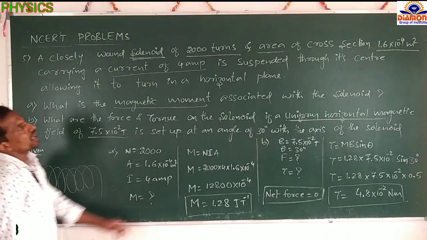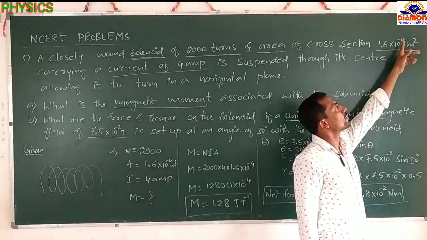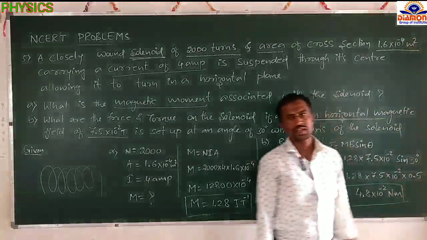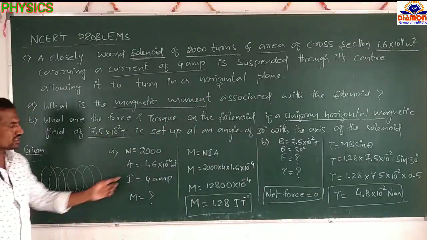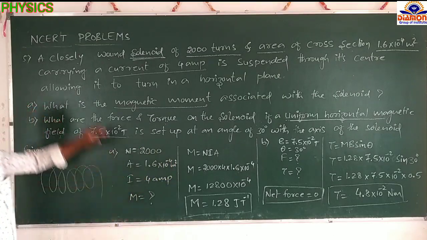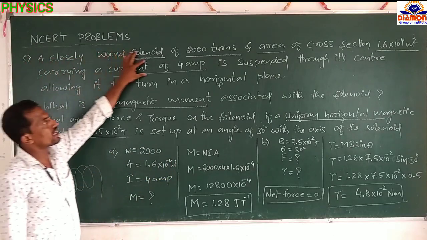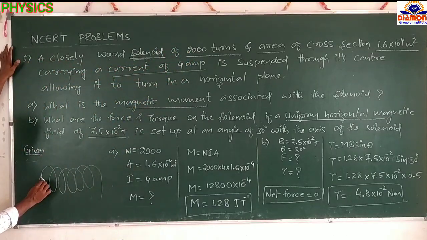And area of cross section 1.6 10 to the power of minus 4 meter square. Area of this solenoid is given. A value is given. Carrying a current of 4 ampere. Current flowing in the solenoid is I.